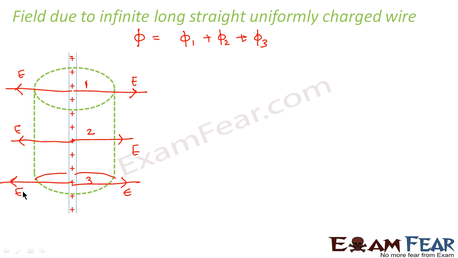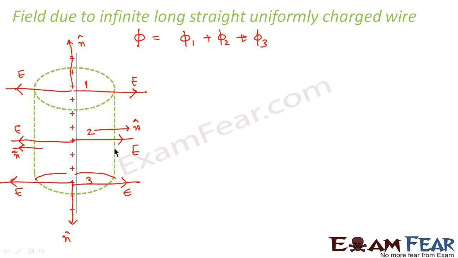And what is the direction of the normal vector or the area vector? Area vector is always perpendicular to the area. So when I consider surface 1, the area vector is along this direction. When I consider surface 3, the area vector is outward normal, that is this. When I consider surface 2, the area vector is along this direction here and again this direction here.